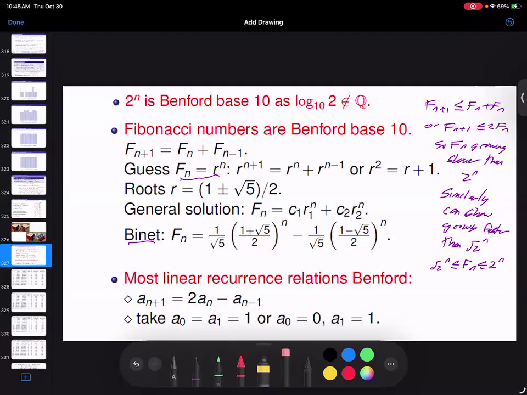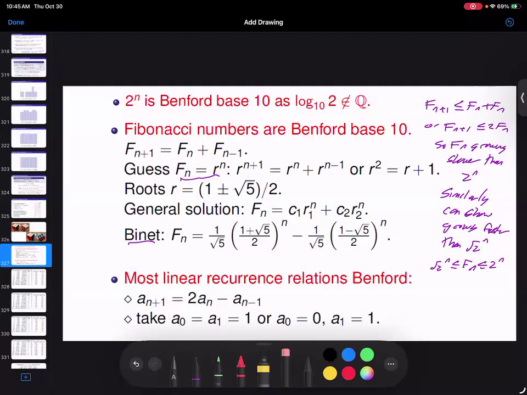So the method of divine inspiration is telling me, hey, try r to the n. And if I plug in r to the n into the relationship, after doing some algebra, you get that the roots for r that work are 1 plus or minus root 5 over 2. 1 plus root 5 over 2, that's the famous golden mean.